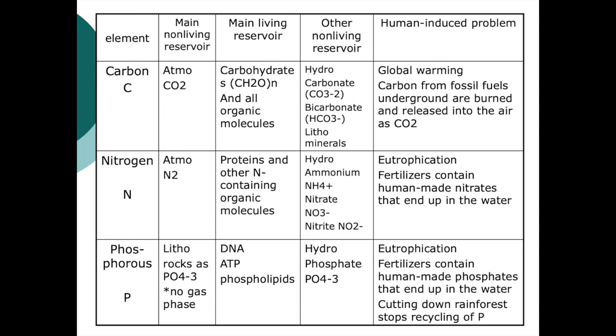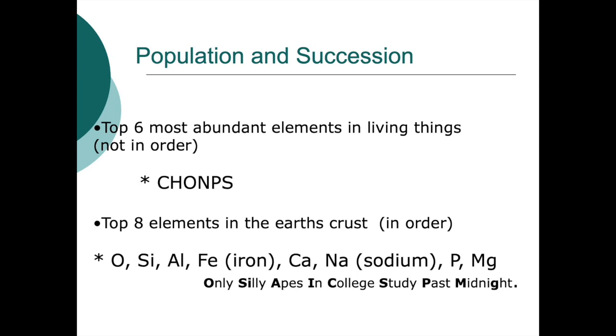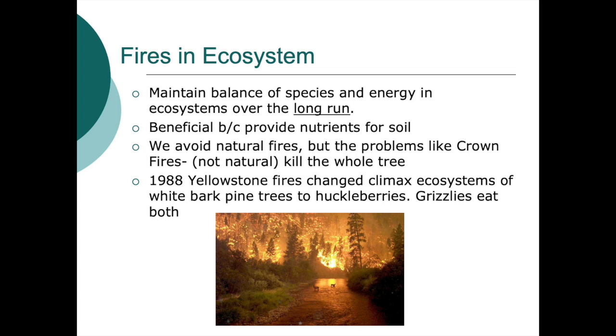Again, carbon, hydrogen, oxygen, nitrogen, phosphorus, those are the main chemicals. And if you think of the different elements in Earth's crust, these are in order: oxygen, silica, aluminum, iron, calcium, sodium, phosphorus, and magnesium. There's a nice little mnemonic that you saw there.